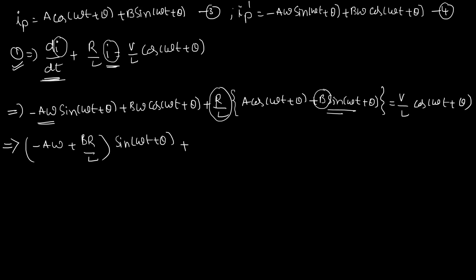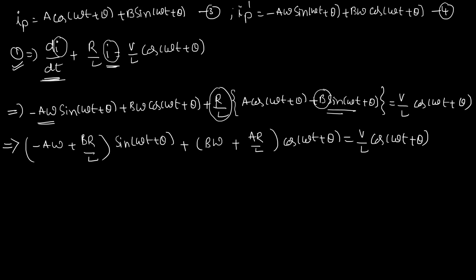Similarly, if we take out the cos(ωt + θ) terms, you get Bω plus the leftover AR/L, into cos(ωt + θ). And the other part will be as usual, V/L cos(ωt + θ).